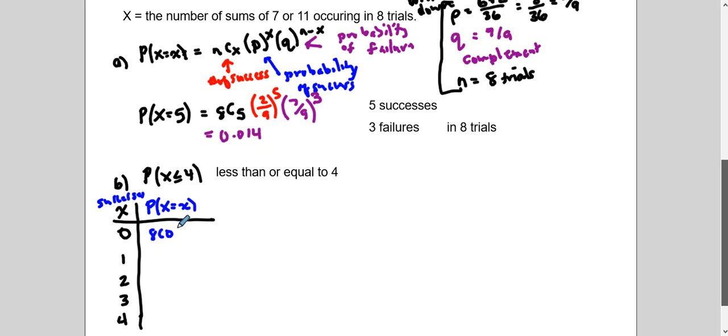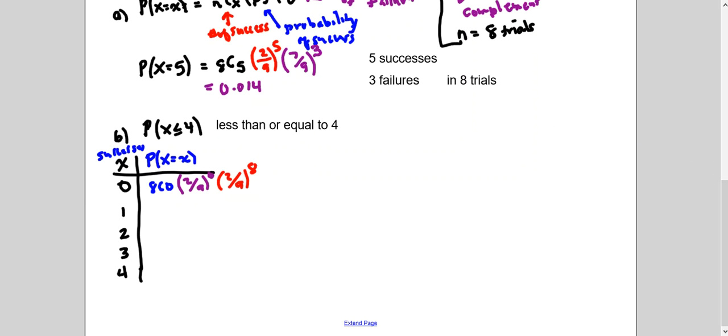Well, in this case, I have 0 successes. Well, the probability of getting those successes is to the power of 0. All right. And the failure part, well, if there was 0 successes, there's got to be 8 failures. Okay. And as you build this formula, you're going to see some patterns.